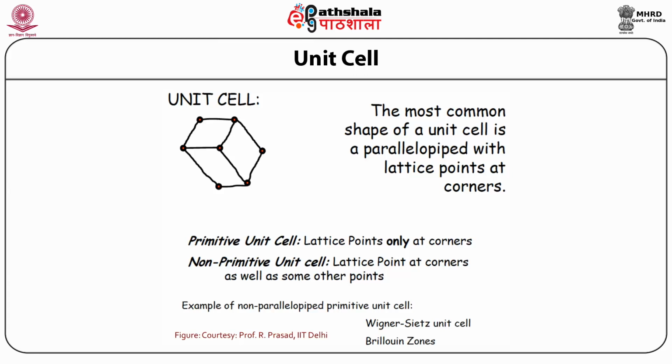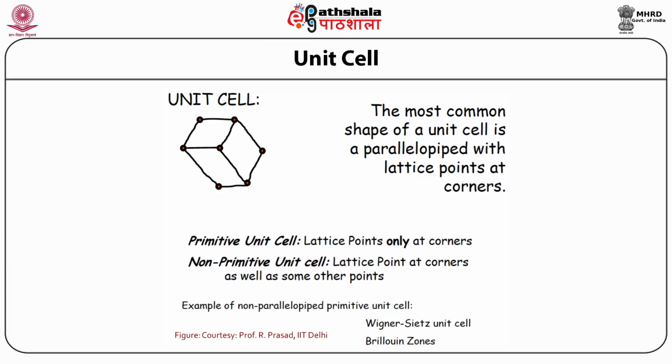The figure shows the most common shape of a unit cell, a parallelopiped with lattice points at the corners. A unit cell may be of two types, primitive unit cell and non-primitive unit cell.